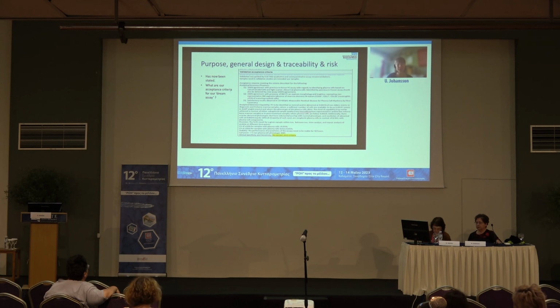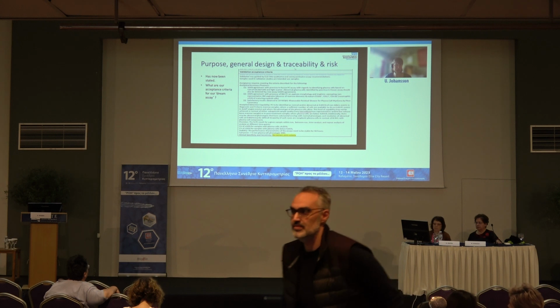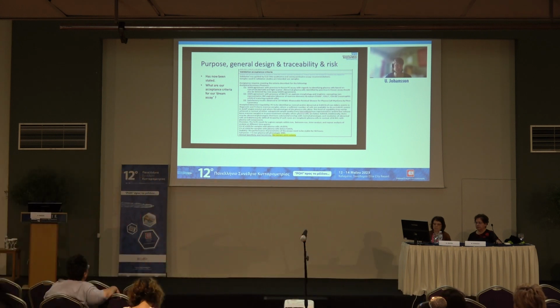Now we're probably at the point where we have stated the reason for why we have the assay, we've said something about how we design the assay, we've talked about traceability, and we've talked about risk. And as a final entry at this stage, we need to consider what is the acceptance criteria. So, for example, I think this is an example from our plasma cell screen validation.